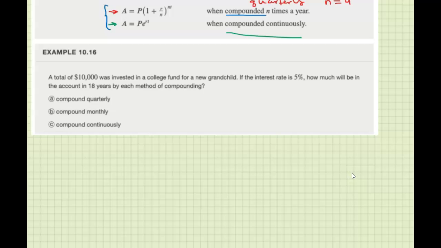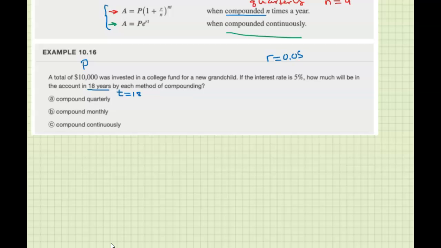Let's look at this information and see what we're given. P is the initial amount, $10,000. It says interest rate is 5%, so R is 5%. You change it to decimal, divide by 100, and you get R is 0.05. We want to put the money in for 18 years, so T is 18.